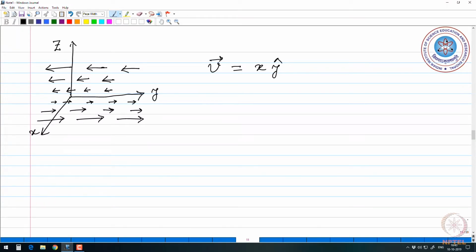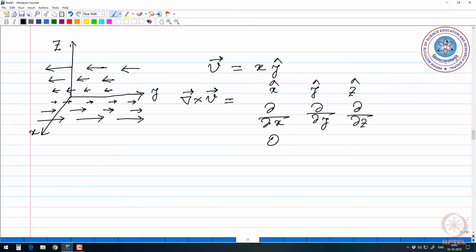Now let's try to evaluate the curl of this vector. So curl of v in its determinant form can be written, it's very simple. And although the whirlpool of the vector field is not clear from this picture at all, if you work this determinant out, you will get the curl to be z cap.